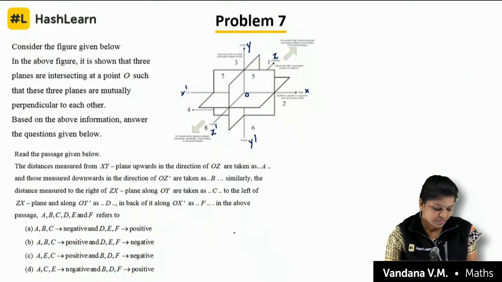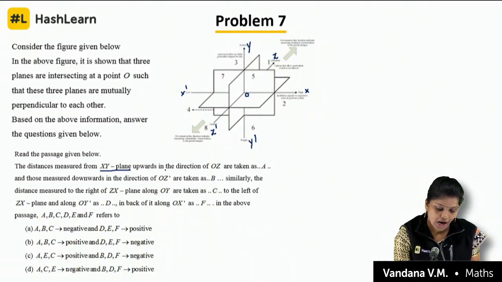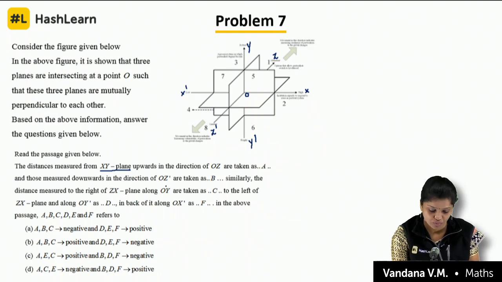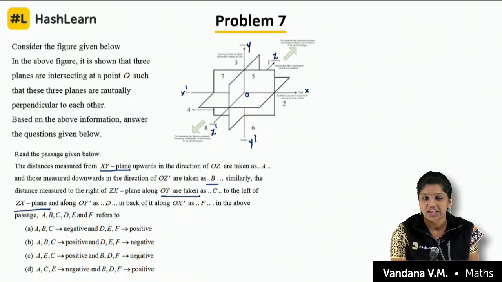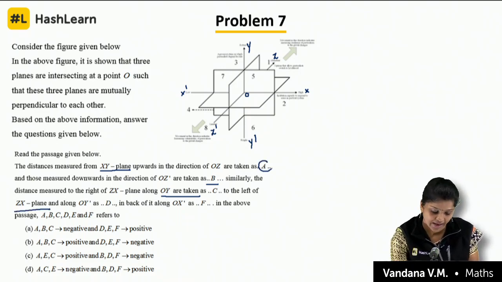The distance measured from XY plane upwards in the direction of OZ are taken as A, and those measured downwards in the direction of OZ dash are taken as B. Similarly, the distance measured to the right of ZX plane along OY are taken as C, to the left as D. So we will consider the first one. What is A?